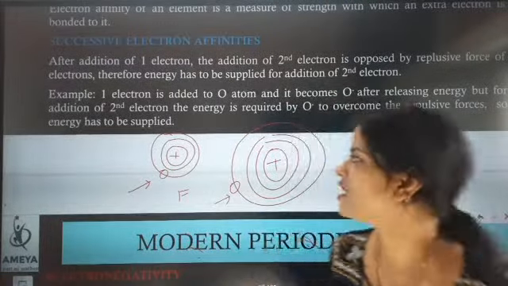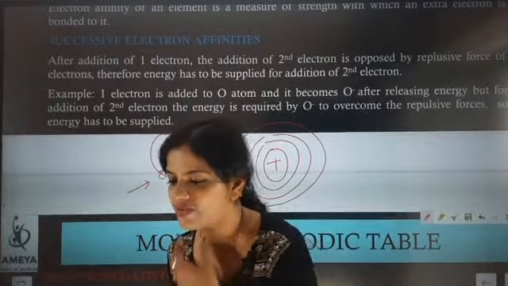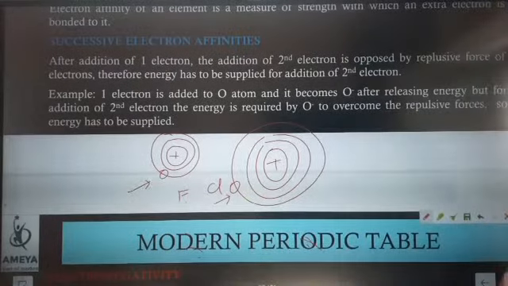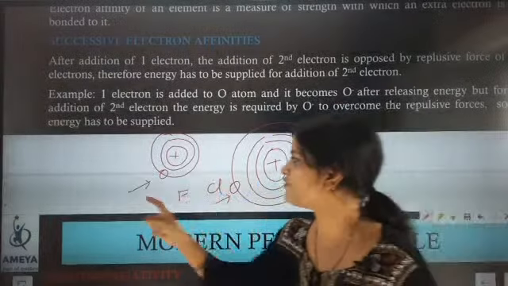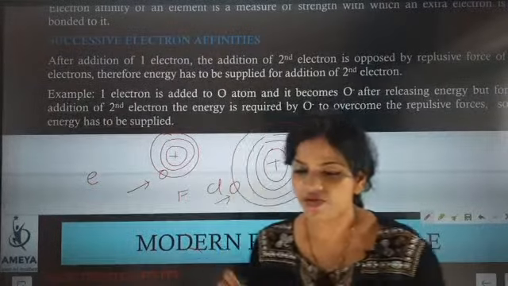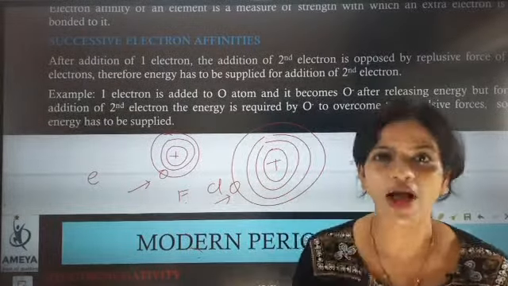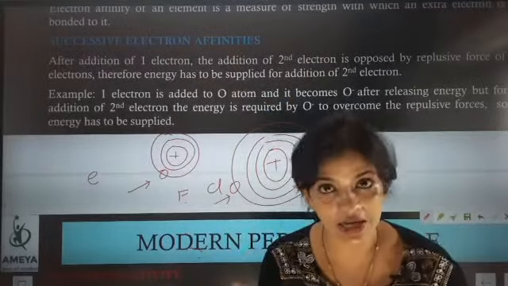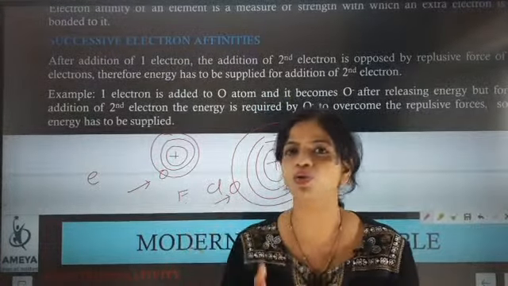So among fluorine and chlorine, which one has more electron affinity? Come on, quickly tell me the answer, beta. Absolutely correct, Akshay. Because the size of chlorine is bigger. I think this is not written in this PDF.